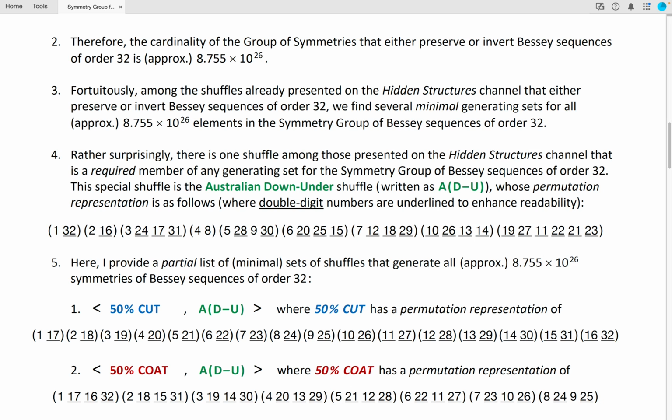Fortuitously, among the shuffles already presented on the Hidden Structures channel that either preserve or invert Bessey sequences of order 32, we find several minimal generating sets for all 8.755 times 10 to the 26th power elements in the symmetry group of Bessey sequences of order 32.